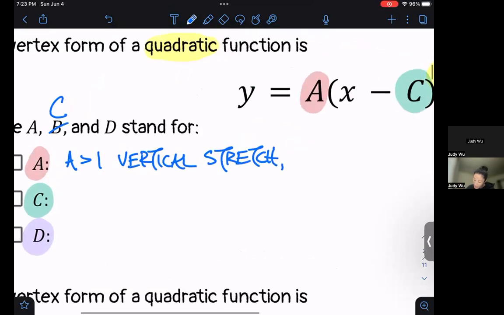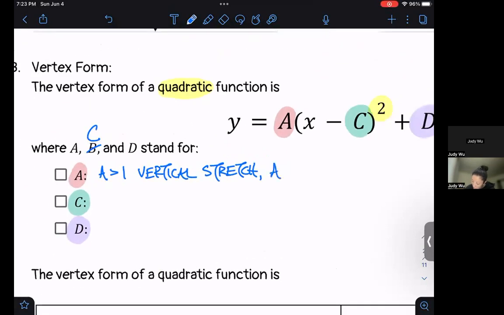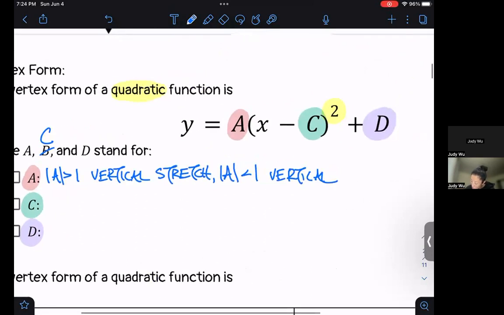If the absolute value of A is less than 1, we have a vertical compression.